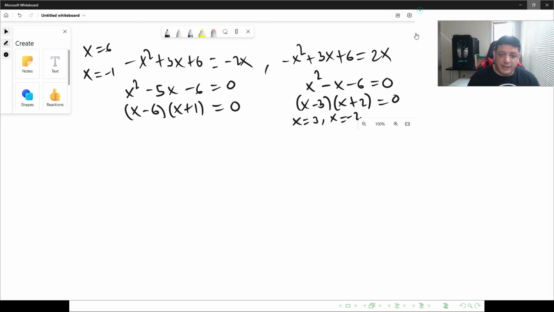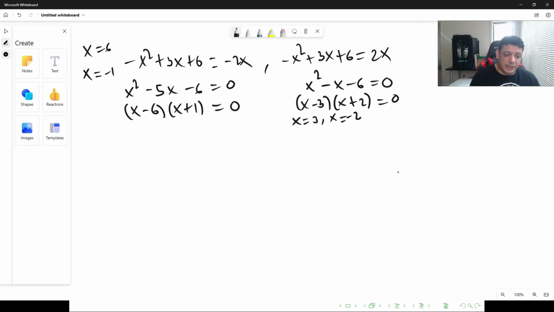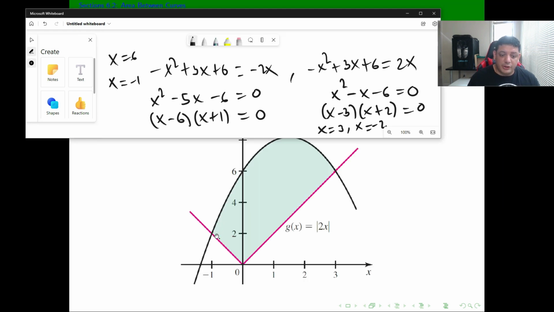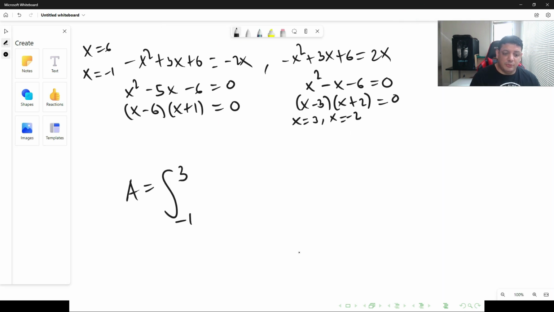And then from that, we can calculate the area enclosed, which is going to be the integral from minus 1 to 3 of the function on top minus the function below. Who's the function on top? Well, in this case, the quadratic is the function on top, but the situation will change depending on who is on the bottom.